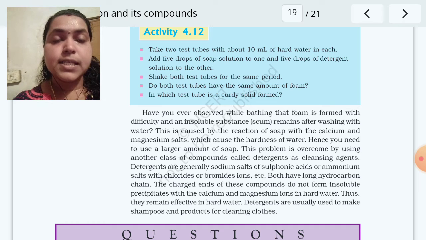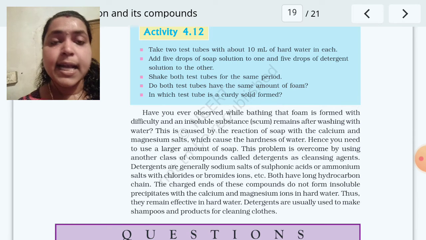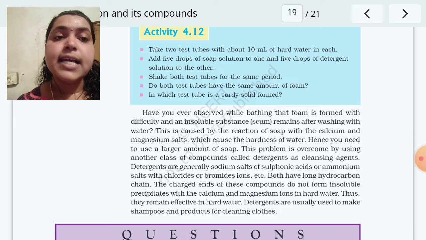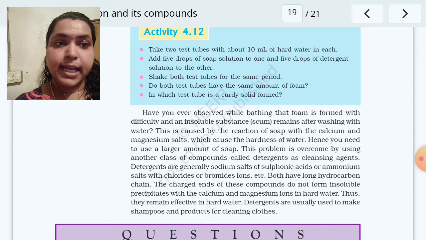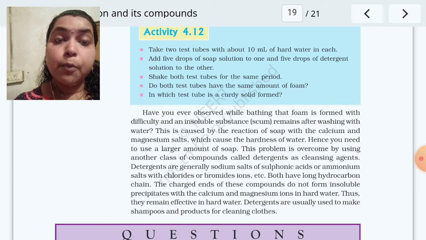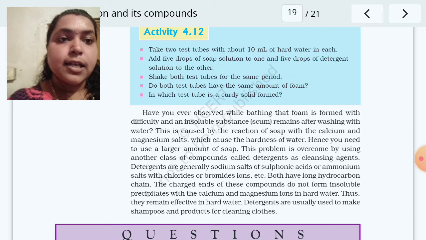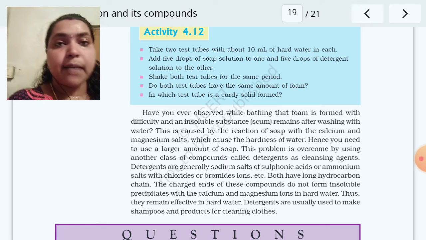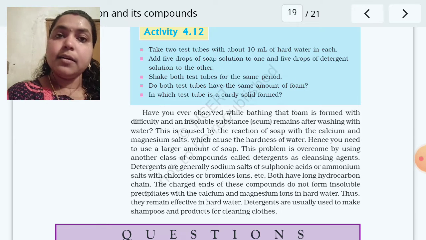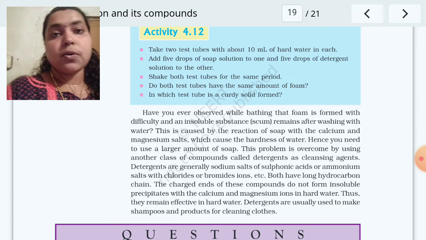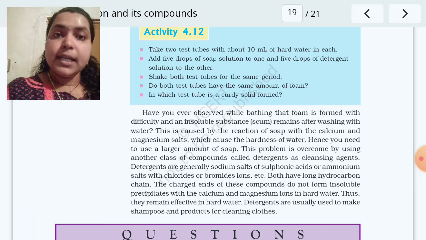Soaps are sodium or potassium salts of long chain carboxylic acids, but detergents are generally sodium salts of sulfonic acid or ammonium salts with chloride or bromide ions. Both have long hydrocarbon chains, but some differences are there.